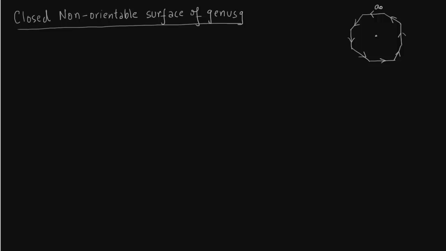So first we draw the non-orientable surface. So this is a genus 2 surface. As you see, the way the edges are being identified, we have a central point K. Now notice that this is a non-orientable surface, but for each simplex we have a natural orientation.